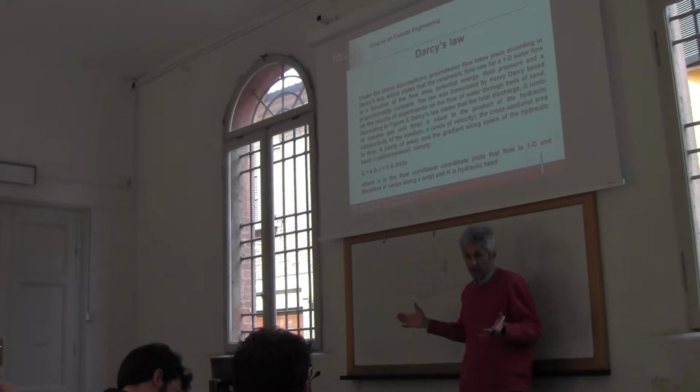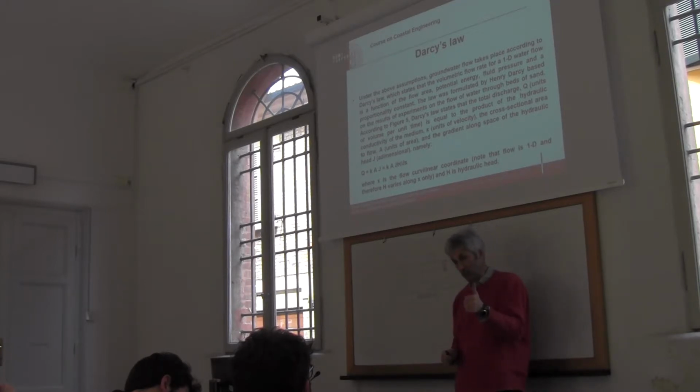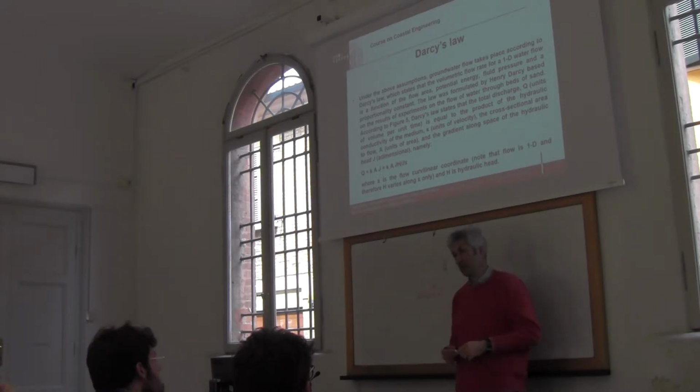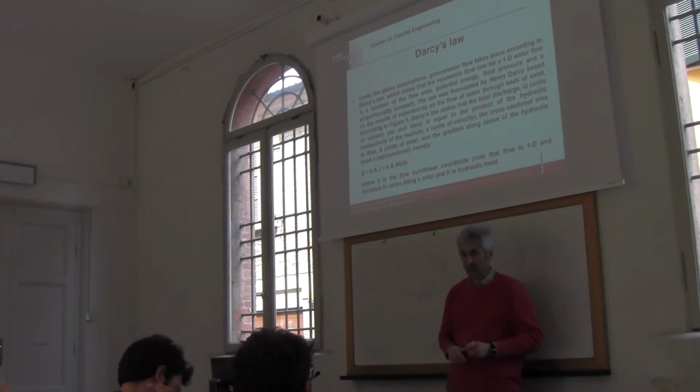Because basically we assume that the velocity of water is along just one direction. So it's a problem where water is flowing along one direction, and we fix the blackboard to cover the other two directions.